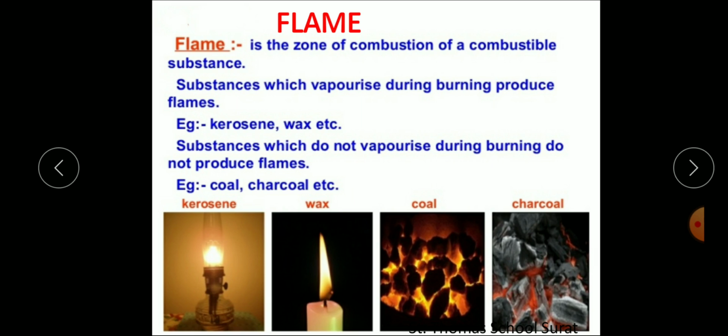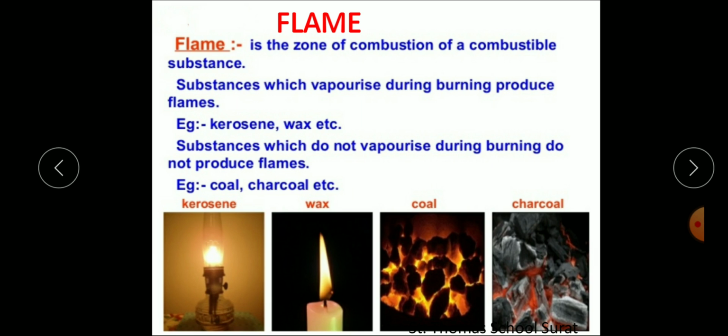Okay, so flame is a region where combustion takes place. Listen carefully. Flame is a region where combustion takes place, and the color of a flame depends upon what? It depends upon the temperature, the amount of available oxygen and the nature of the combustible substance.